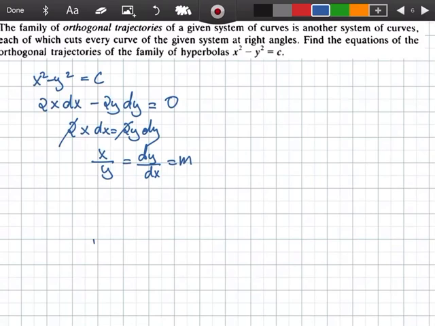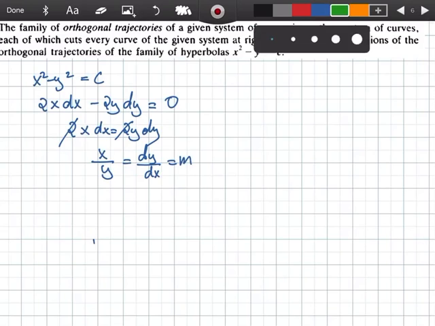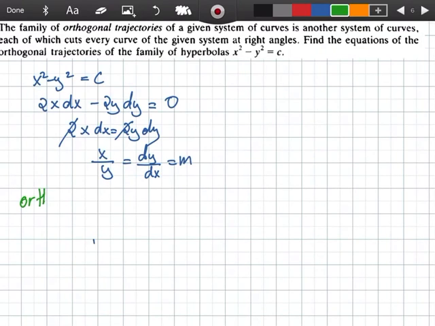So, yung orthogonal trajectories natin, ang slope ng orthogonal trajectories natin is what? Negative reciprocal of the slope of the hyperbola. So, sulat ko yung orthogonal trajectories sa color green para hindi kayo malito. So, orthogonal trajectories equation, ang slope naman nun ay negative reciprocal ng slope ng hyperbola.